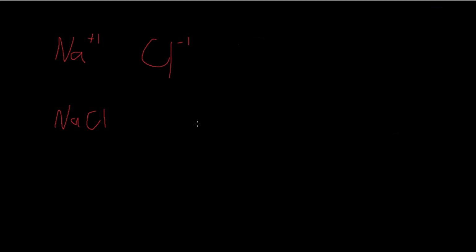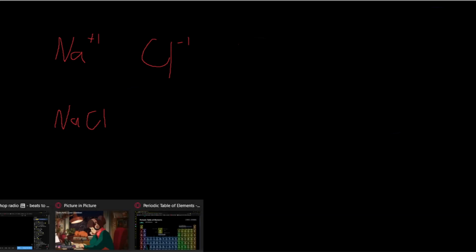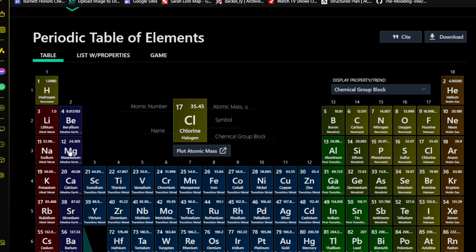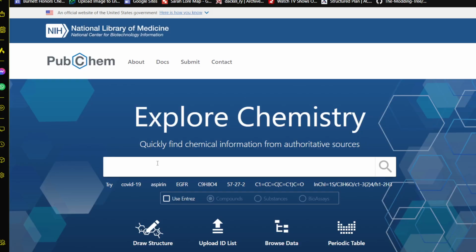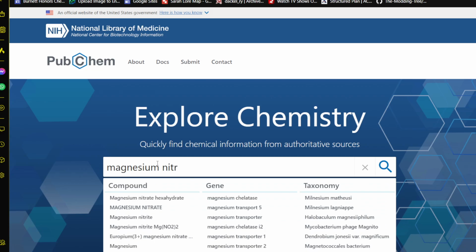So, if we move on to something like, let's just pick, we'll go with magnesium. Magnesium nitride. Is that a real thing? Let's find out. Hold on.